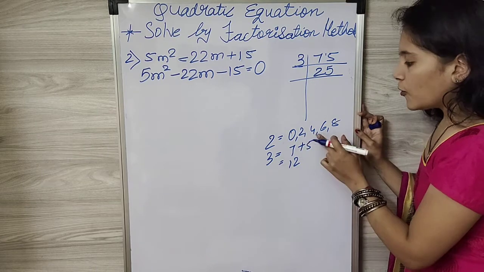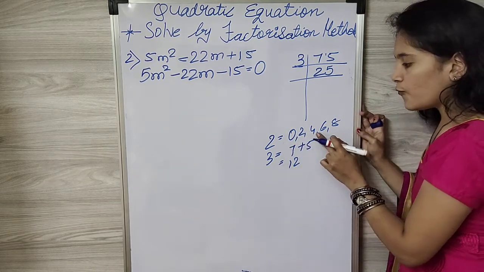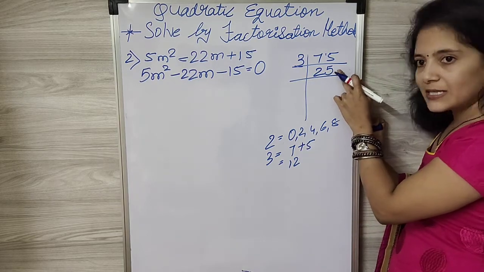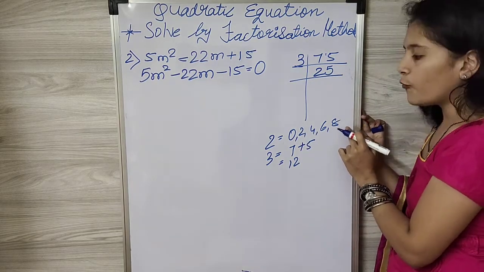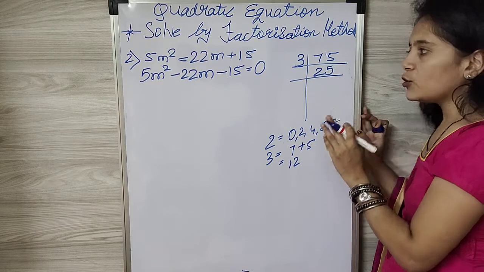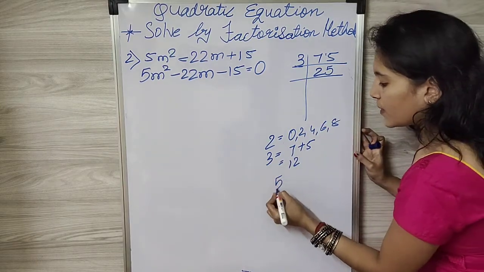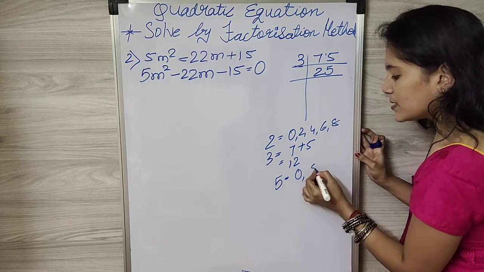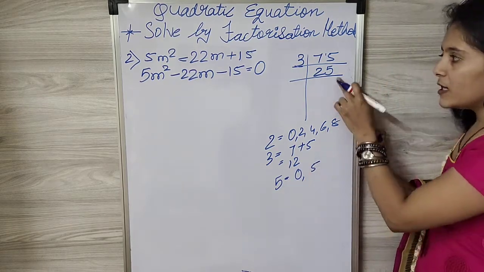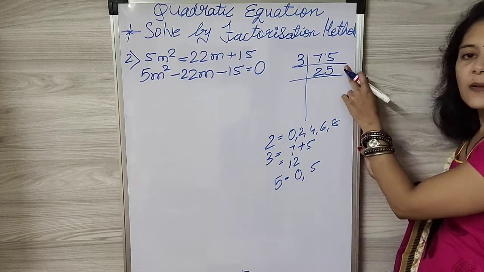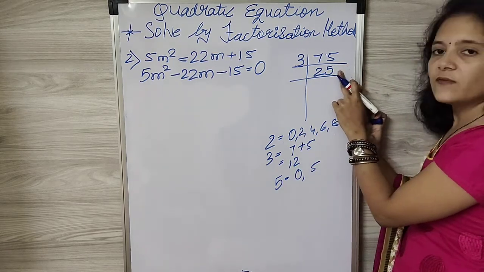Again 4. For 4 the same condition, 0, 2, 4, 6, 8. If 0, 2, 4, 6, 8 comes in the ones place, then it is divisible by 2 or 4. Otherwise, it is not divisible by 2 and 4. So, next number is 5. For 5, at the ones place, there should be 0 or 5. If it is 0 or 5, then it is divisible by 5. So, see here, it is divisible by 5.